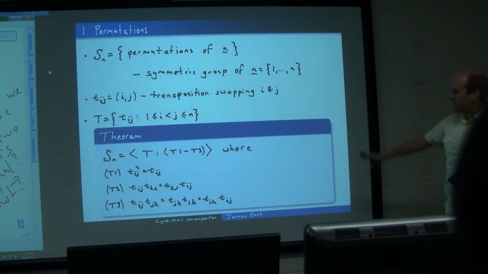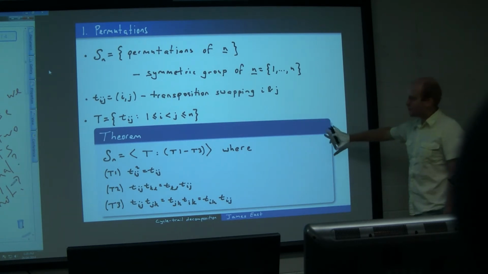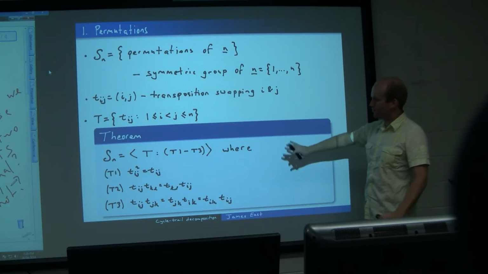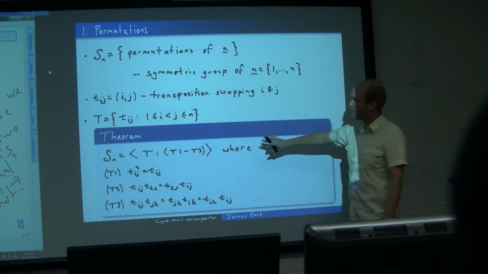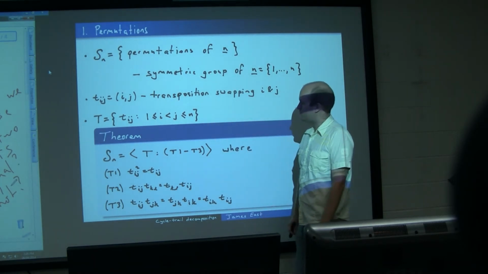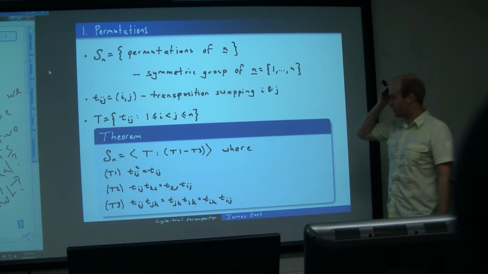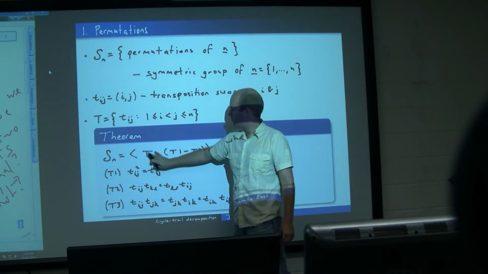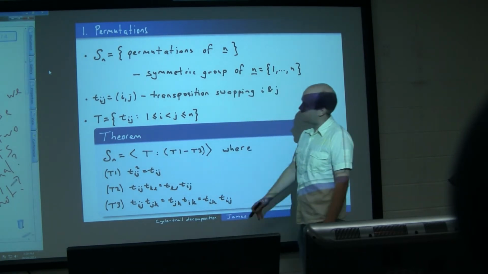All right, and it turns out that this theorem, I'll explain the language or the symbols used, in some sense encapsulates all of the information in saying that the transpositions make up the symmetric group, or the symmetric group is built out of the transpositions. So Sn equals, with these angular brackets, T, first of all saying that T generates Sn.